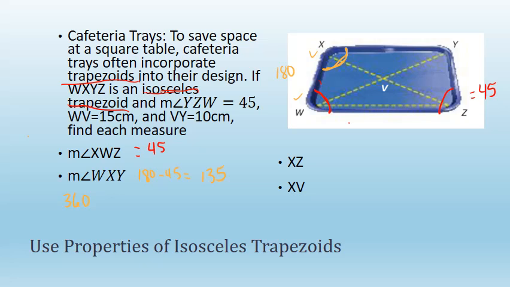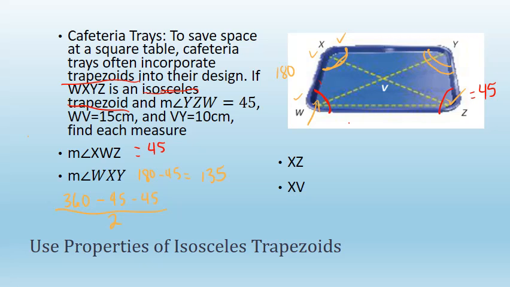So if we're trying to find the measure of this angle here again, that would be 360 less the 45 in this angle here, less the 45 of this angle here, over 2. Why 2? Because these base angles must be congruent.